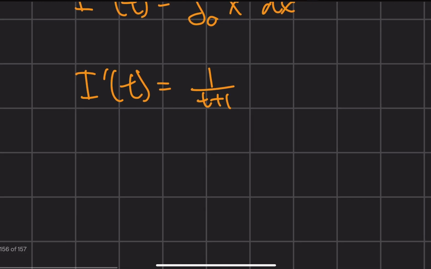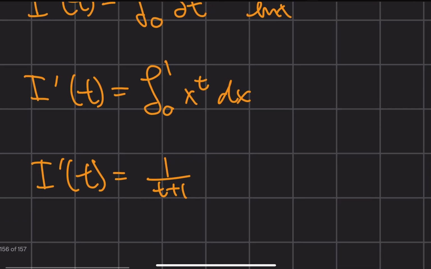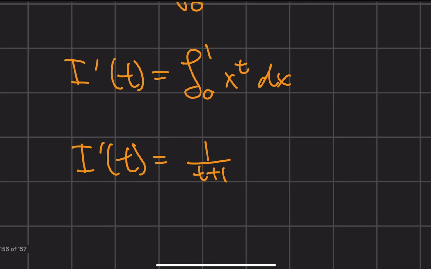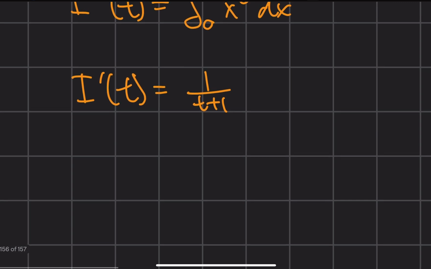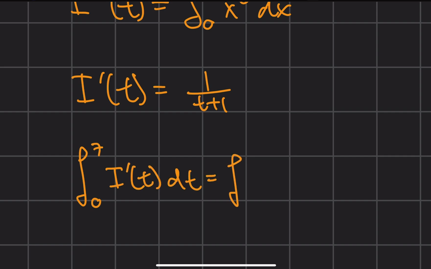Now, what do we do from here? Recall how I said that this is the original integral at t equals 7. So what we'll do is integrate my left and right-hand sides from 0 to 7, I prime of t dt on the left, and dt over t plus 1 on the right.